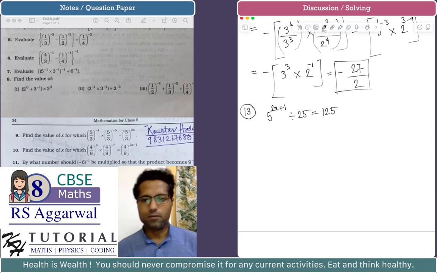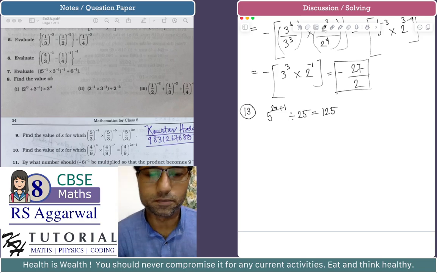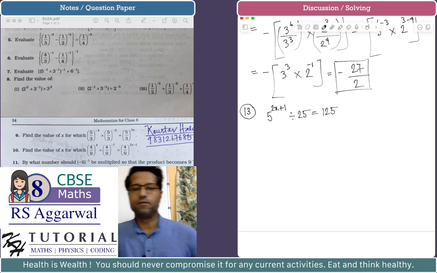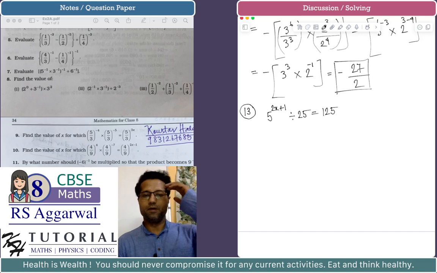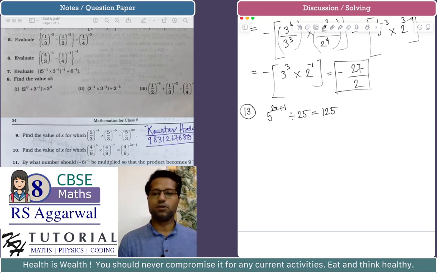Now in this kind of problem, you see the right hand side is not given in exponential form, but we can always convert a rational number to exponential form if possible. We can always convert 125 into some exponential form.